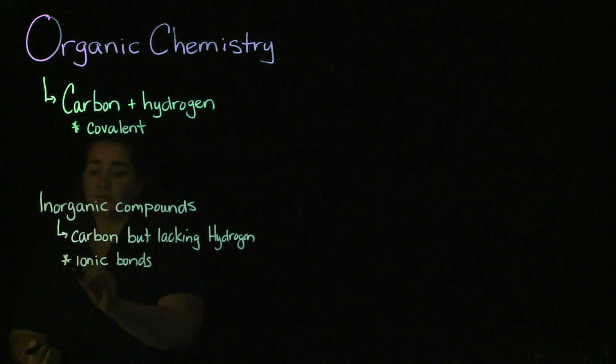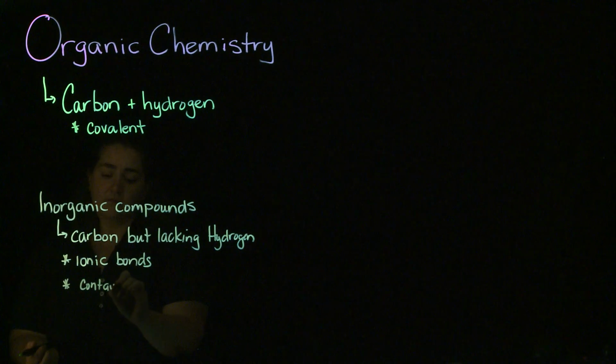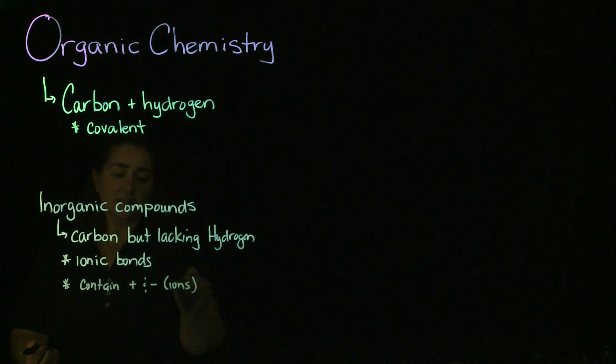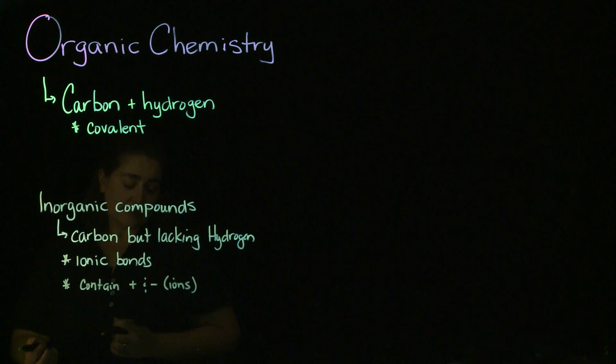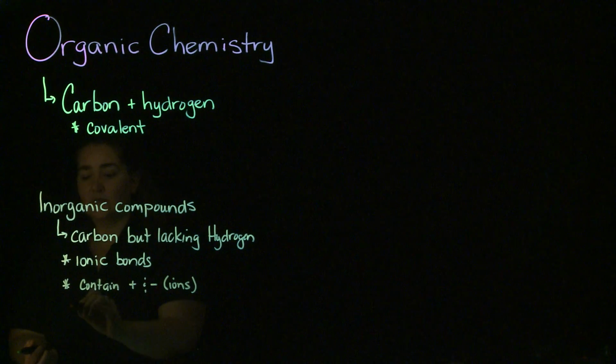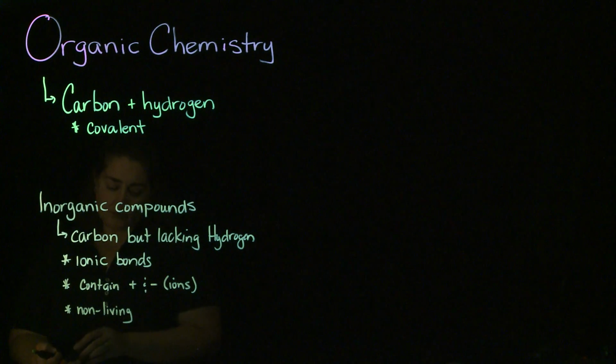Inorganic compounds very often are going to contain positive and negative, all right? So you're more likely to see ions in inorganic compounds, okay? And typically inorganic compounds are associated with the non-living components of our environment, okay?